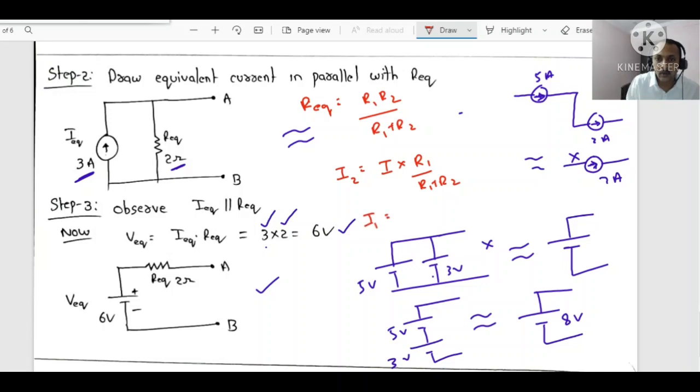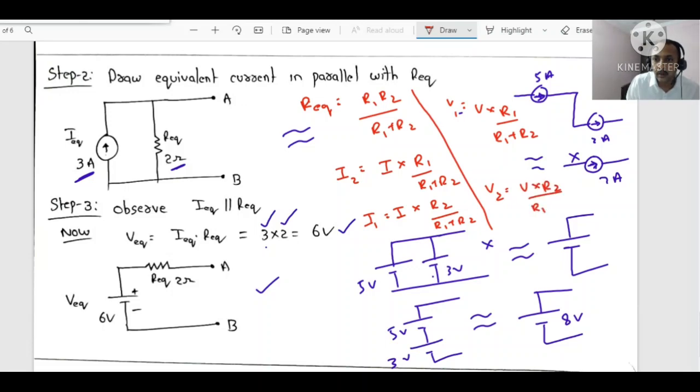If you are finding I1 and the total current is I, then multiply with the opposite side resistance, R2 divided by R1 plus R2. For the voltage division rule, V1 equals total voltage into the same resistance, R1 by R1 plus R2. If it is V2, the other side voltage, then total voltage into same resistance R2 by R1 plus R2.